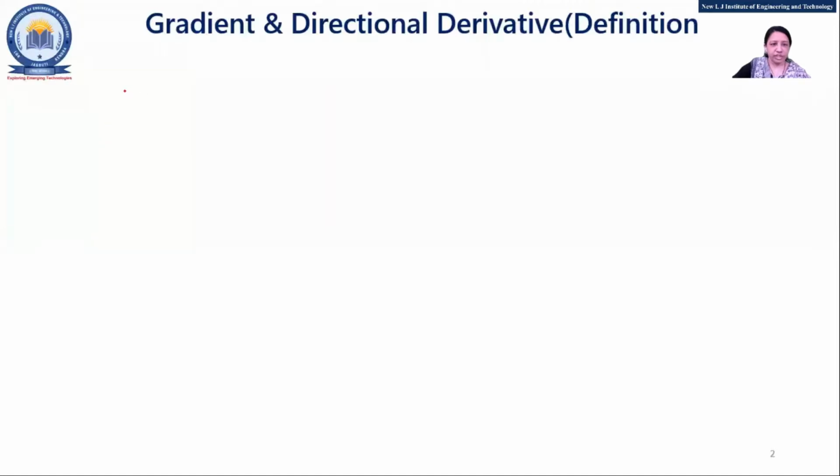Suppose one function is given to us. I will not write an exact definition; I'll try to explain it in terms of the equation only.